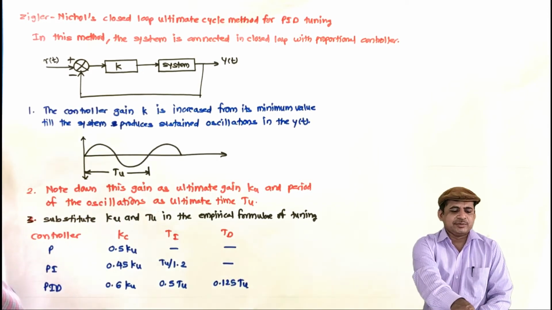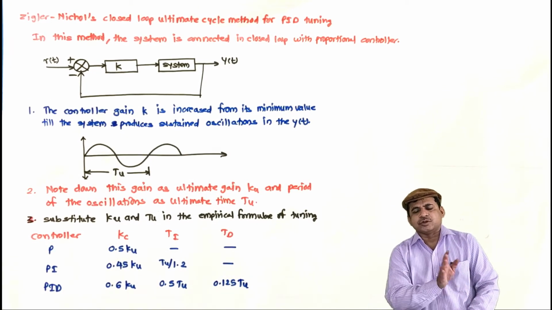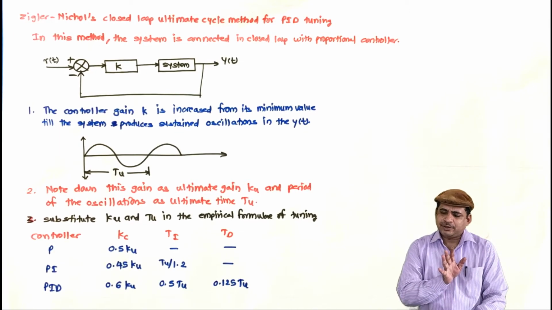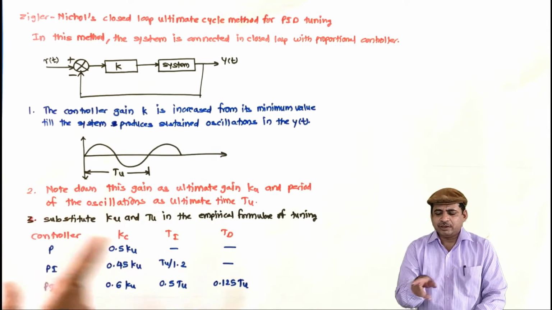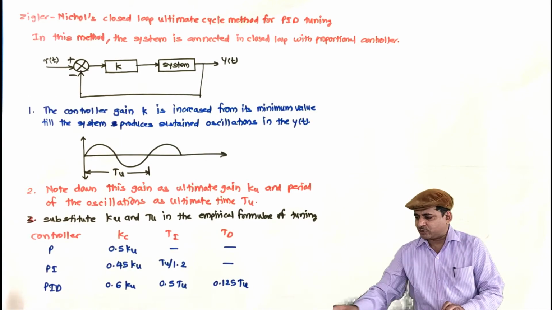So this method is quite similar to root locus, and you can even use the Bode plot in this. All these things we will see in the next lecture. But let us solve one numerical example based on this.